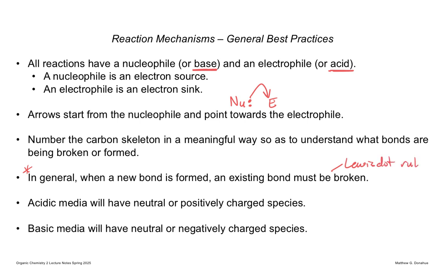So these are getting back to your Lewis dot rules. You don't want to be showing carbon with 5 bonds to it because you're not obeying the Lewis dot rules. As we said, acidic media will always have neutral and positively charged species, and basic media will have neutral or negatively charged species. So there's some subtlety in that we'll see come into play probably on Wednesday.